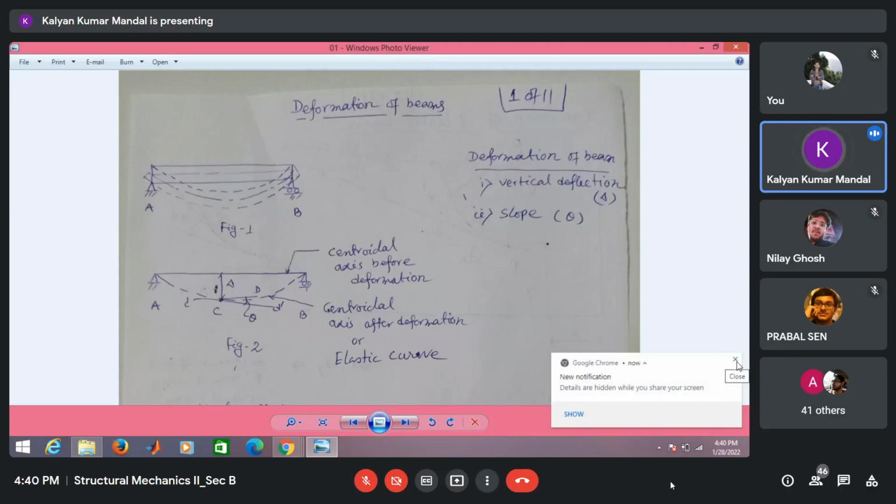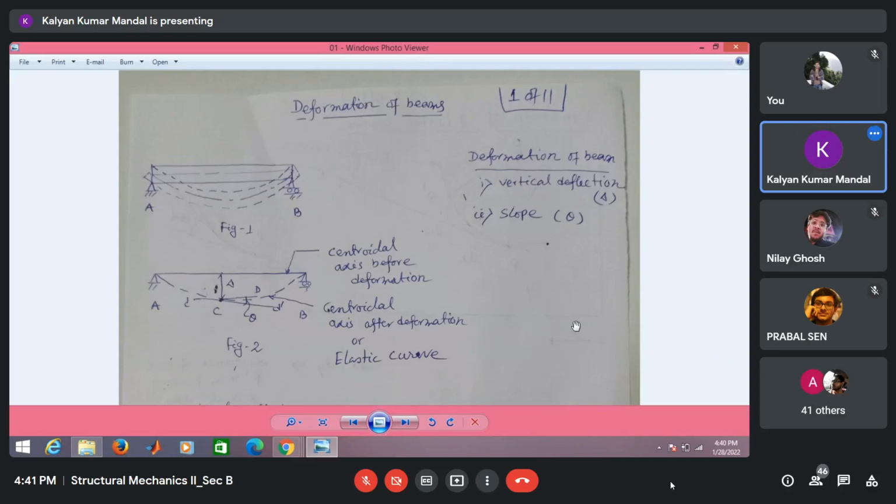This additional stress is called the secondary stress. How much secondary stress is developed depends on the deformation. That's why during design we try to restrict the deformation within a certain limit, and the calculation of the deformation is required during the design procedure.